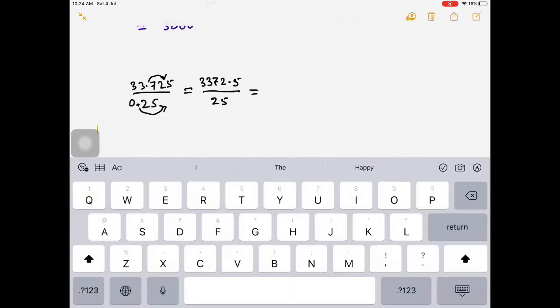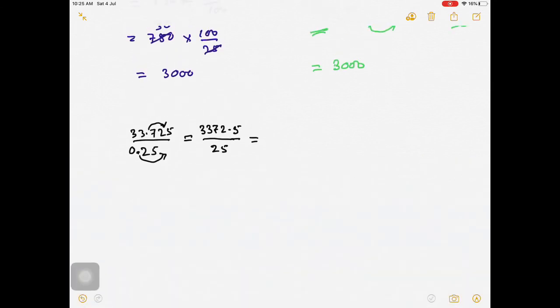So if we take it as a whole number, we have the number 33725. We shall divide it by 25.